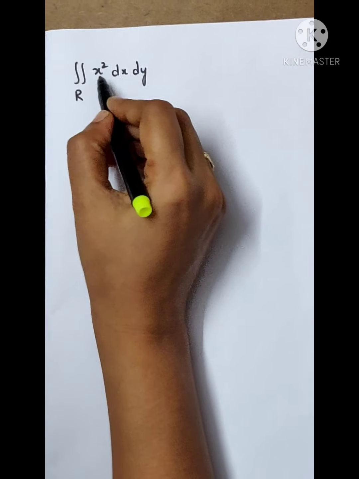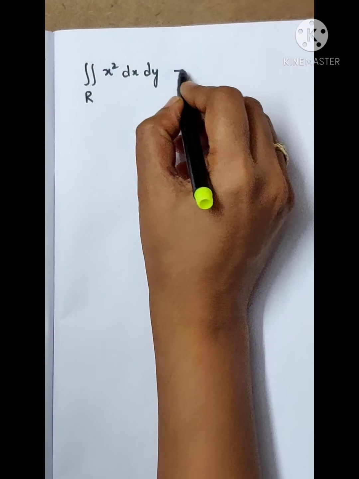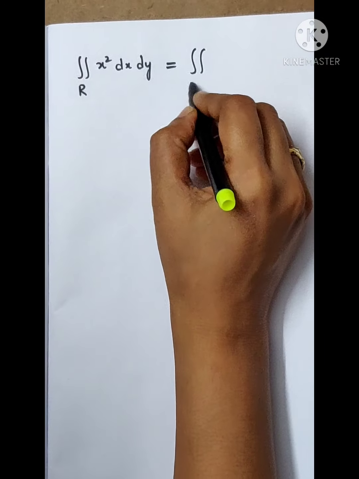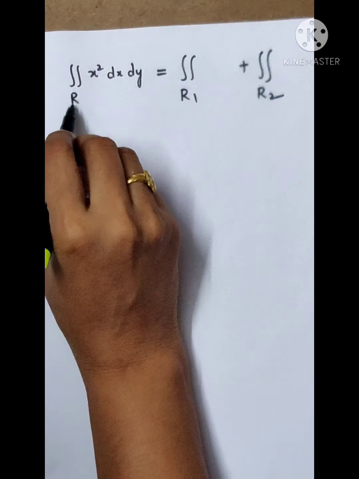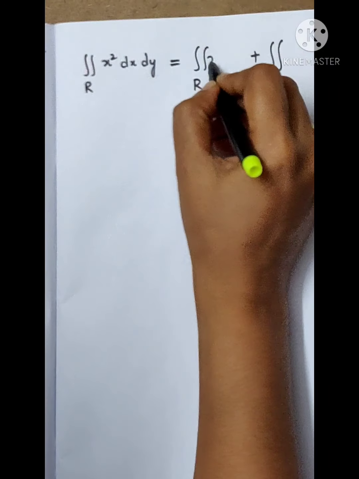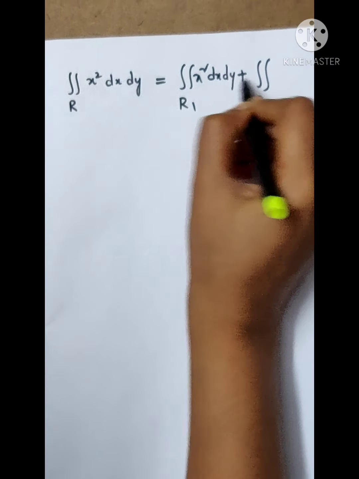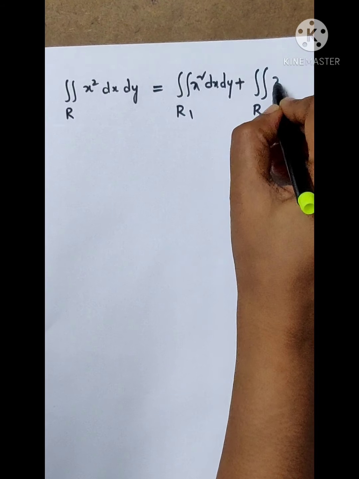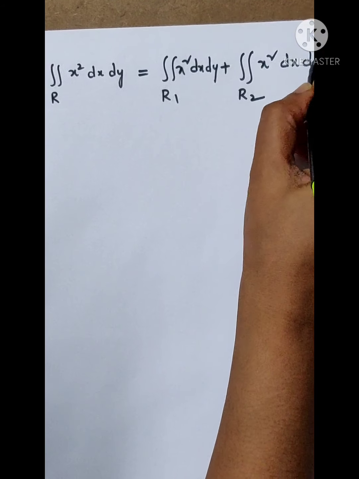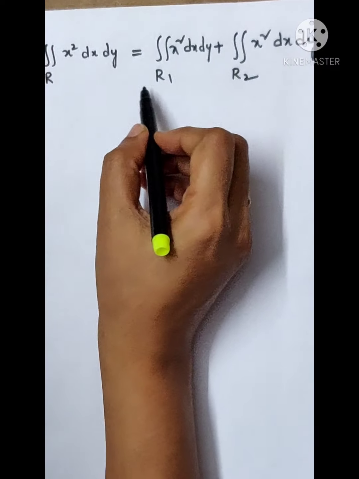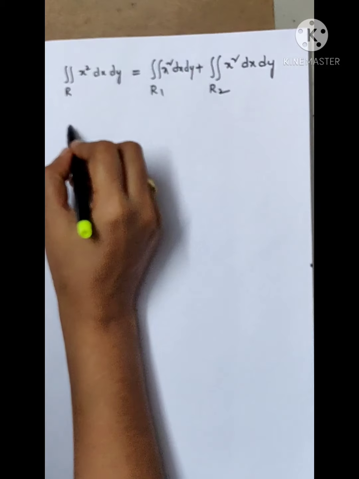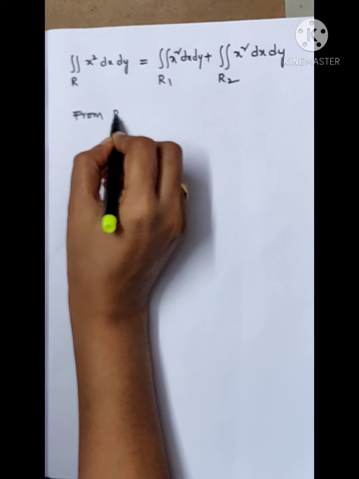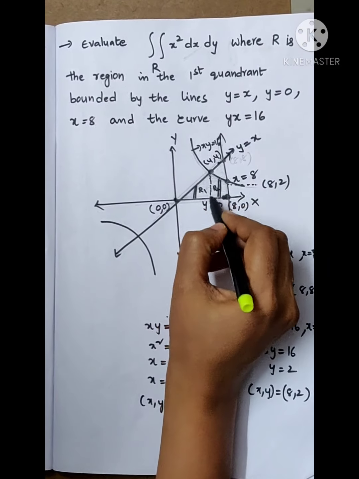So the double integral of x squared dx dy over R equals, as R is divided into R1 and R2, the evaluation over R1 plus the evaluation over R2. First, find the limits for the region R1. Here R1 is this one.